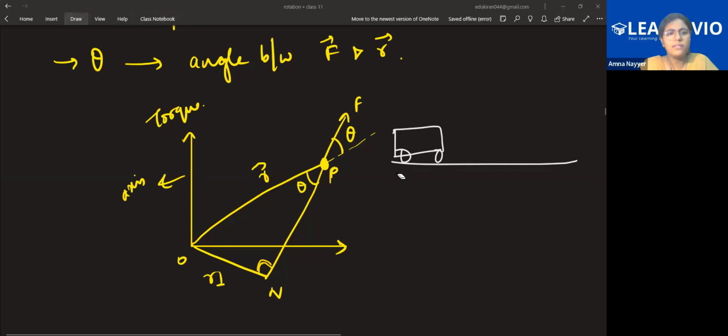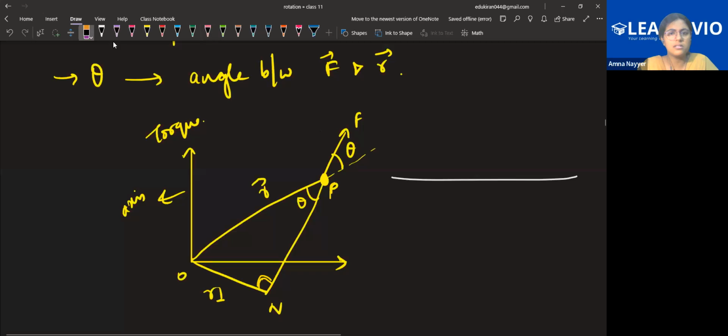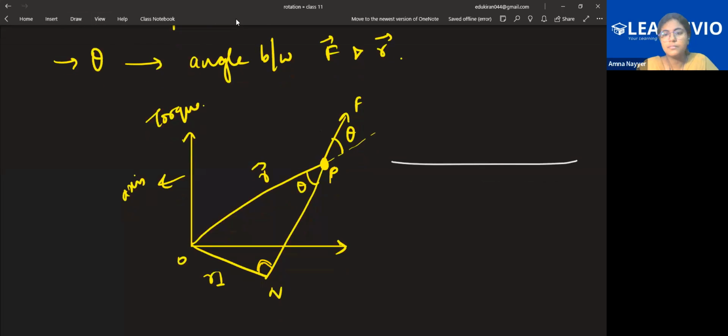Or let's not write vehicle because vehicles have an engine, which will differ. Let's say a box is kept on a table. Now I am pushing this box.